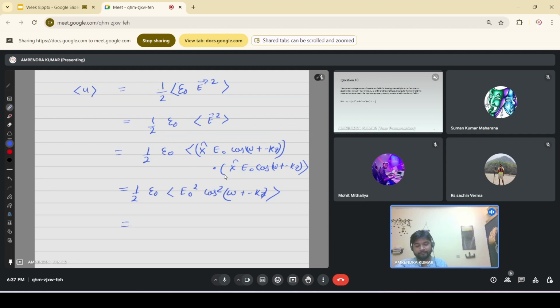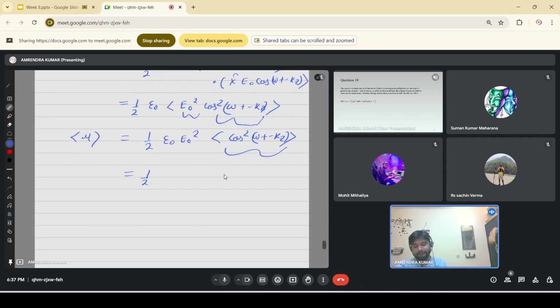It's a time average, so the constant comes out: 1 by 2 epsilon naught E naught square. And this is the time average of cos square of omega t minus kz. We have earlier derived this; it comes out to be 1/2. So 1/2 epsilon naught E naught square into 1/2 comes out to be U E. This electrical energy density is 1 by 2 into 1 by 2, which is 1 by 4 epsilon naught E naught square.